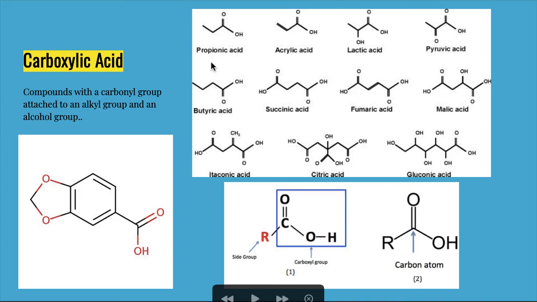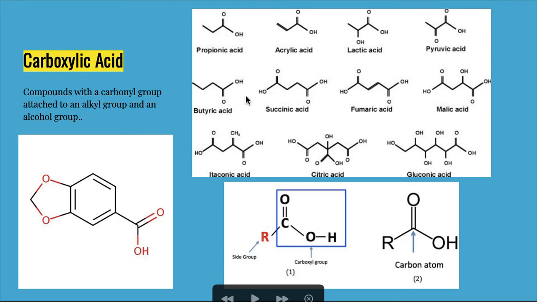Here's a bunch of acids, and honestly, you don't have to have just one carboxyl group. Here are a couple of compounds with two carboxyl groups, and here's one that has 3 carboxyl groups.